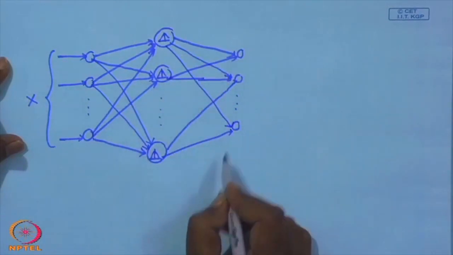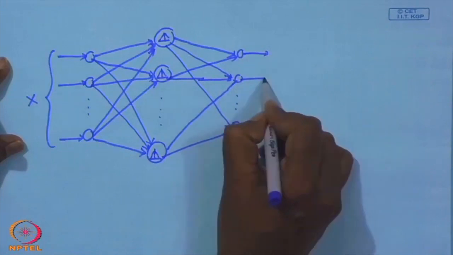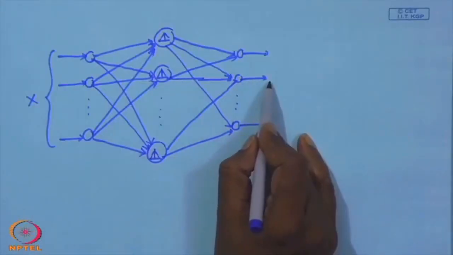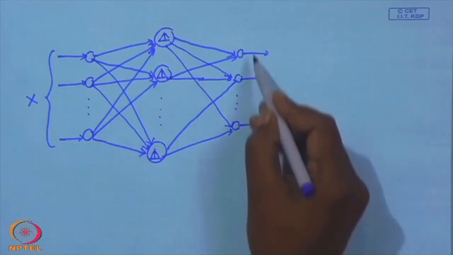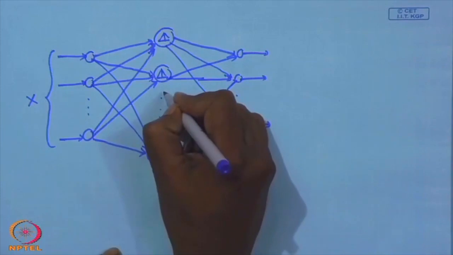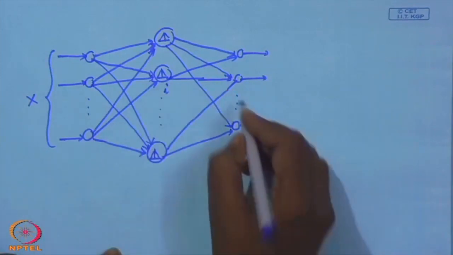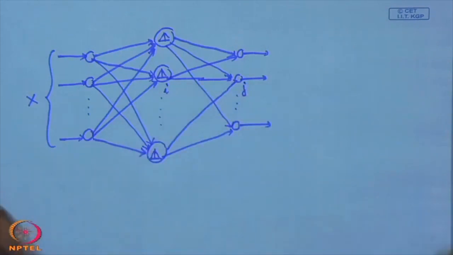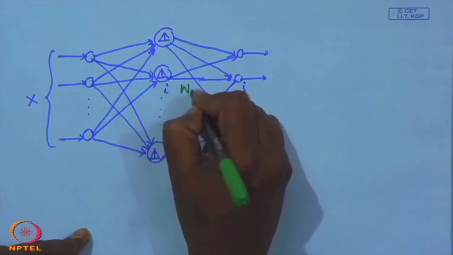So, like this, and I take the output from every output layer node. So, if my input feature vector x belongs to say ith class, then output of the ith output layer node will have a high value, likely to be 1, and outputs of all other output layer nodes will have a low value, likely to be 0. And I assume that the ith node in the hidden layer is connected to the jth node of the output layer through a connection weight, say W i j.